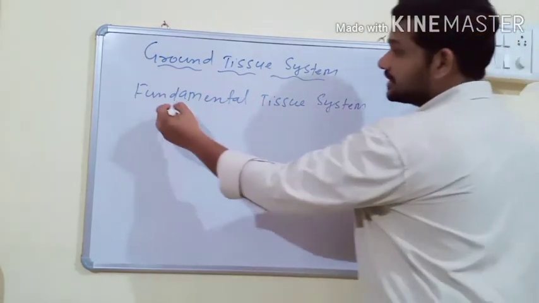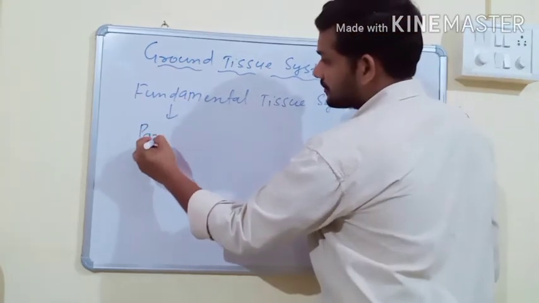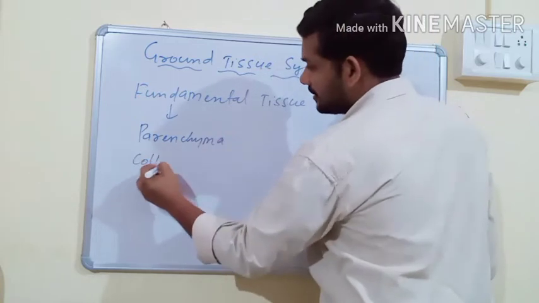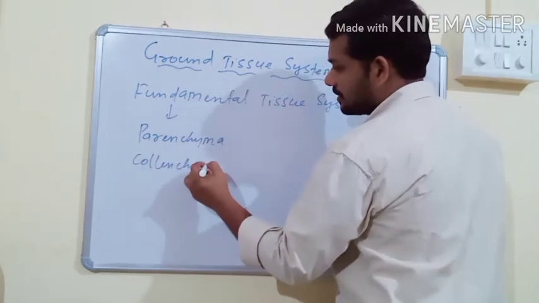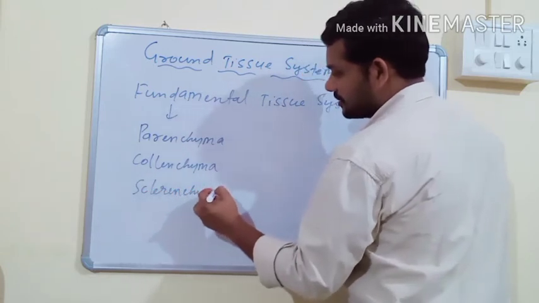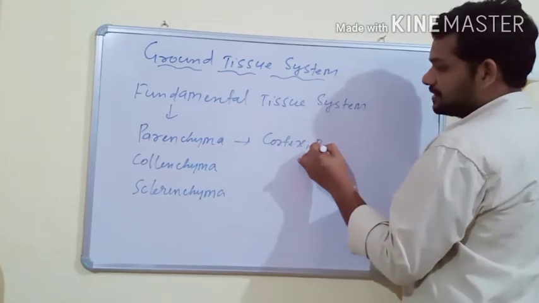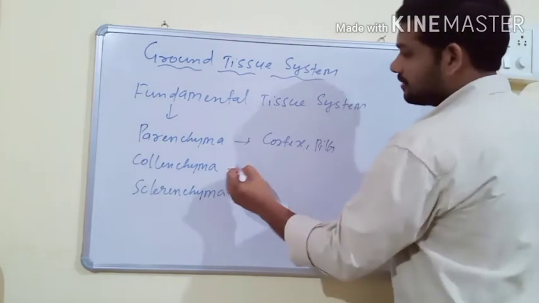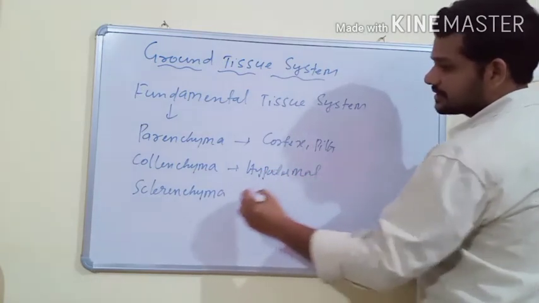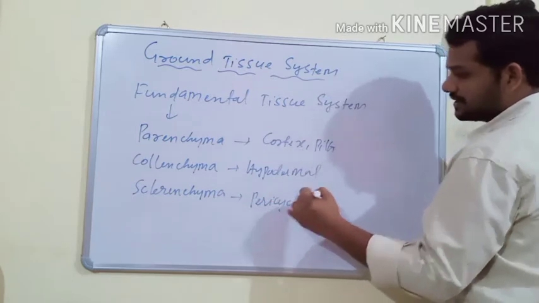The fundamental tissue system is usually made up of simple permanent tissues like parenchyma, collenchyma and sclerenchyma. Parenchyma is present in the cortex and pith regions, collenchyma in the hypodermal region, and sclerenchyma in the pericycle region.